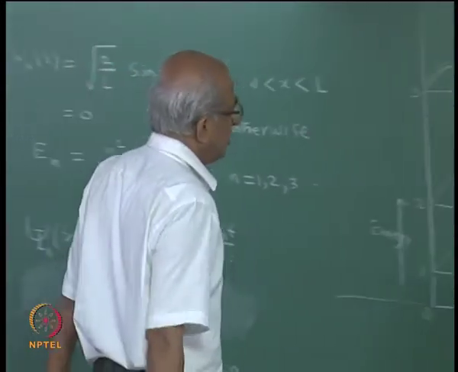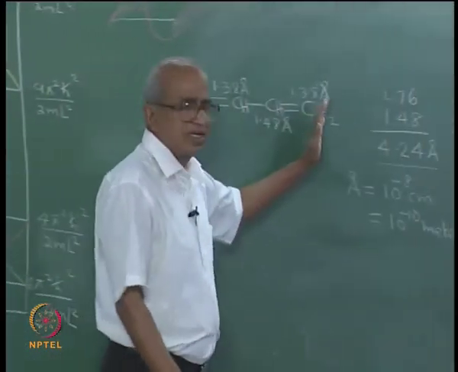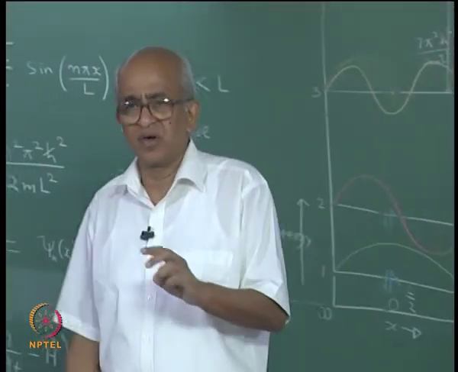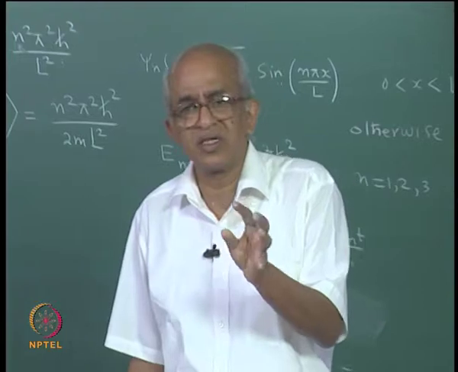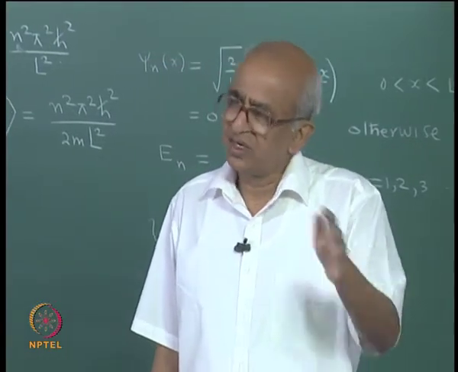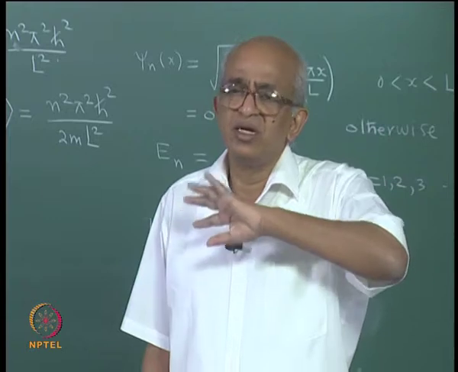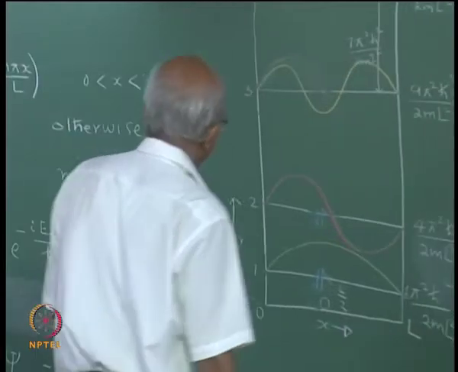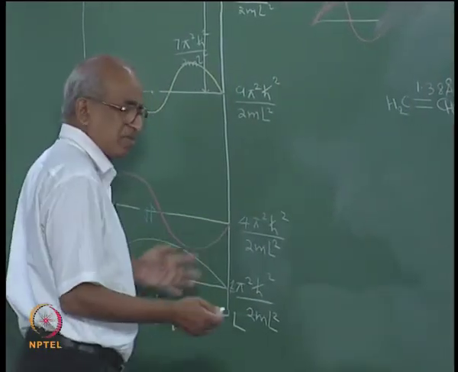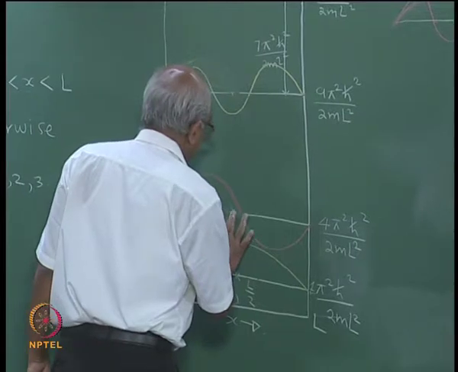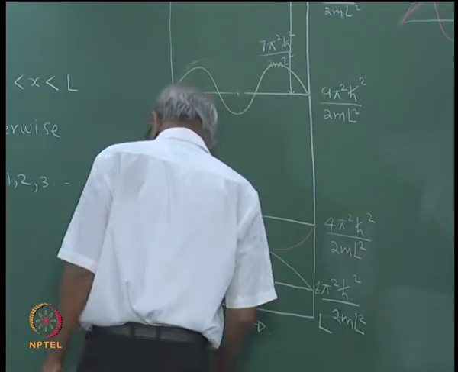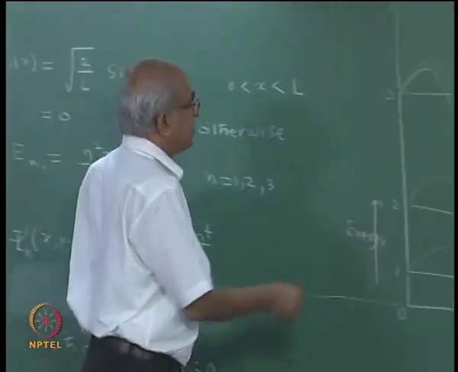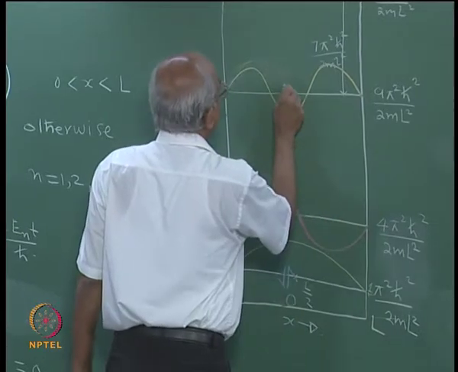And now, suppose I take this molecule and allow it to interact with electromagnetic radiation. As I was mentioning to you, it is possible for electromagnetic radiation to make the potential energy time dependent, and as a result of that, it is possible for the wave function to get modified, and effectively what would happen is that light quanta may be absorbed, as a result of which one electron from here may be promoted from that state to this state.